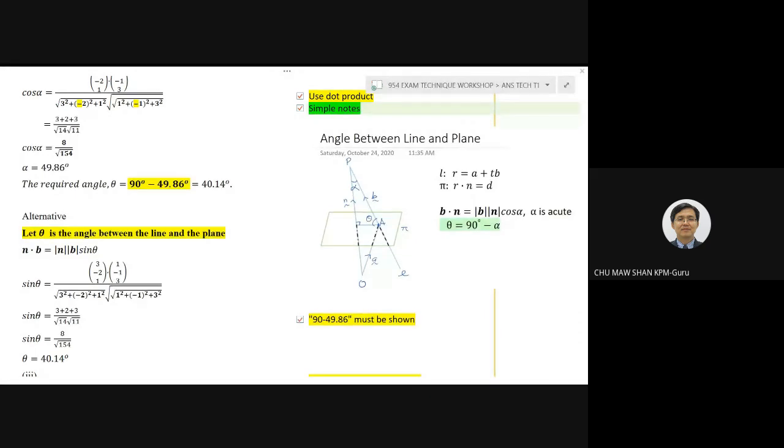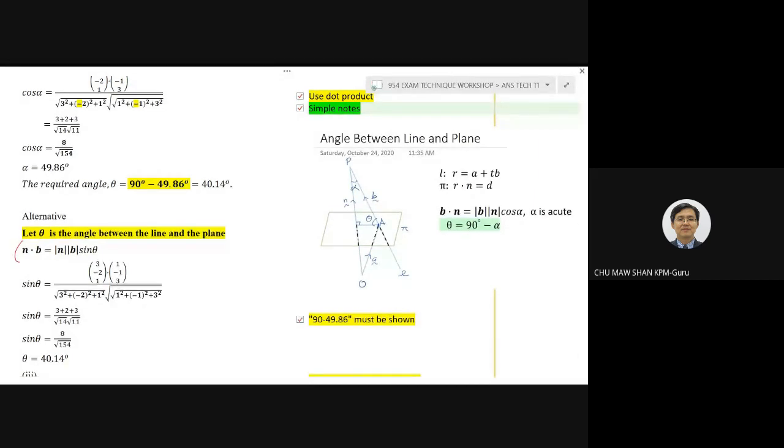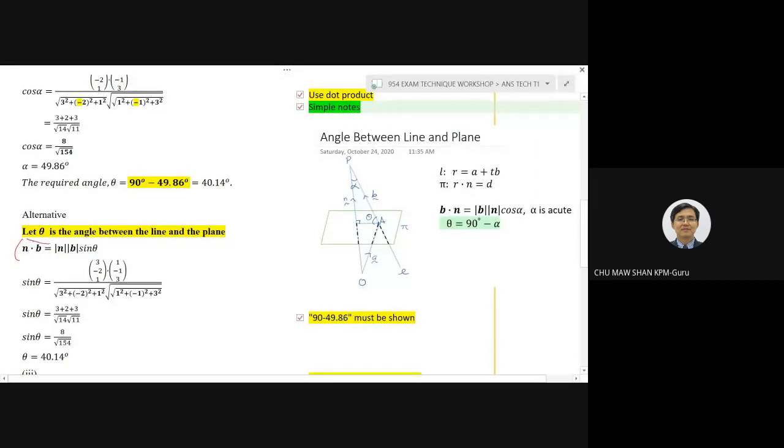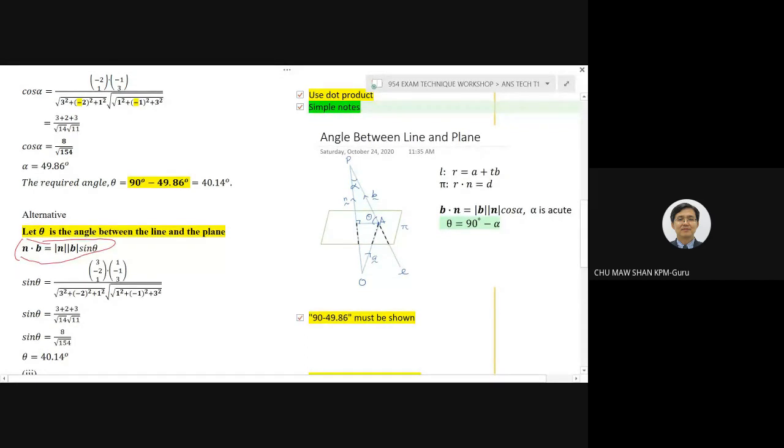Alternatively, let's say somebody is using this formula. This dot product is not the formal formula. It's a modified formula.